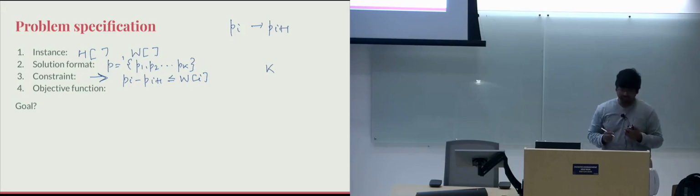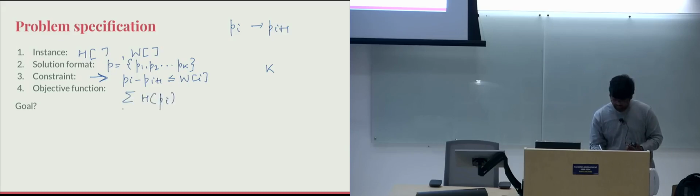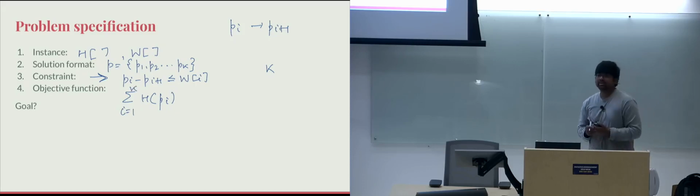Yeah, exactly. So the sum of H of Pi's. It will look something like this: sum of H of P of i, with i moving from 1 to k. Does this look correct? Any questions here?